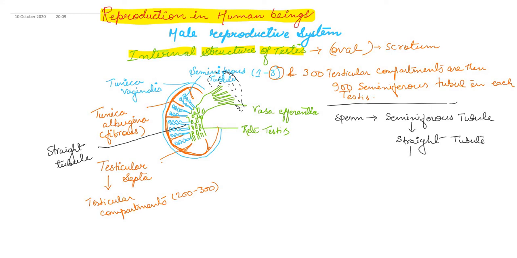From straight tubule, sperm is conducted into rete testis. From rete testis it is transferred to vasa efferentia. And from vasa efferentia sperm is transferred to the epididymis.